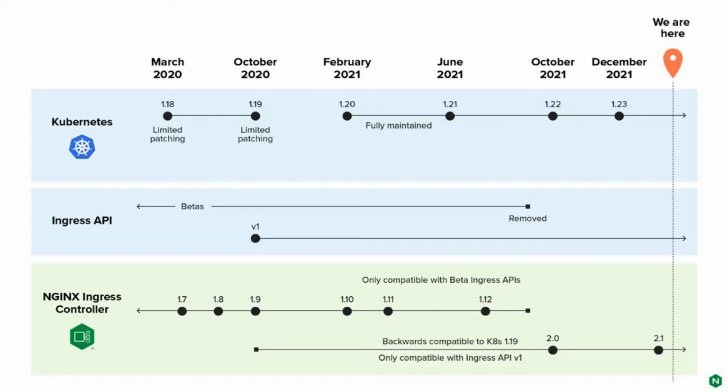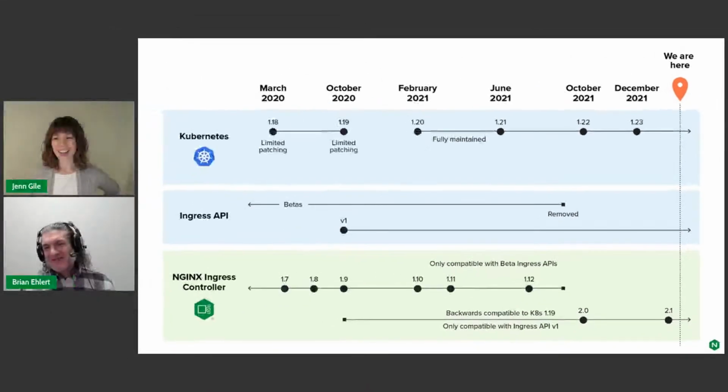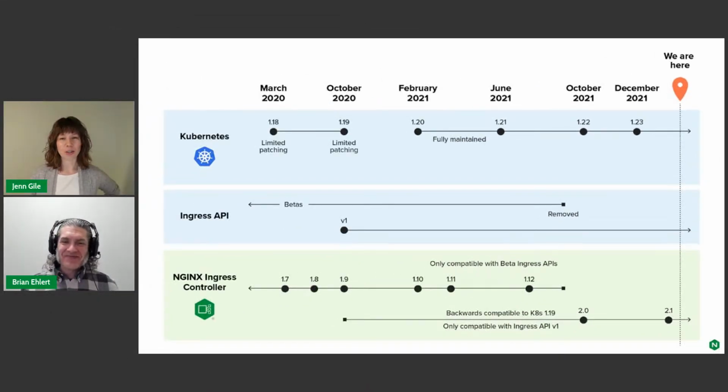Be super helpful. Under October 2021, that 1.22 and that 2.0 kind of line up there. And so let's talk through first, Brian, what was involved? What did our engineering team have to do to validate NGINX Ingress Controller 2.0 for that new version of both Kubernetes and the Ingress API?